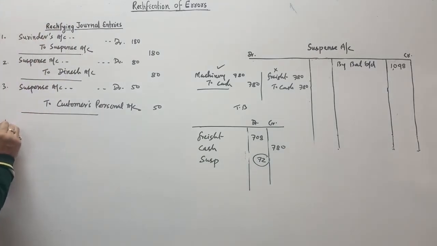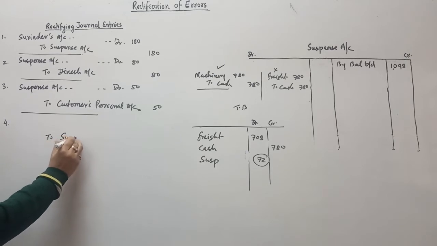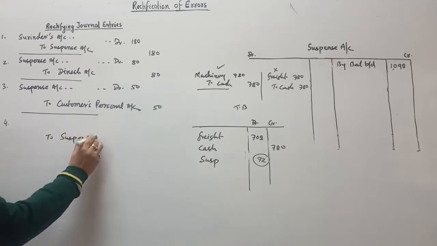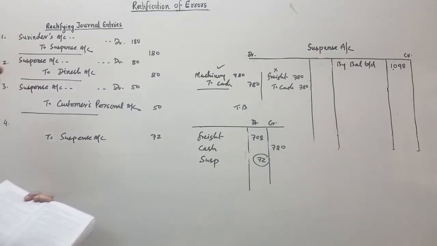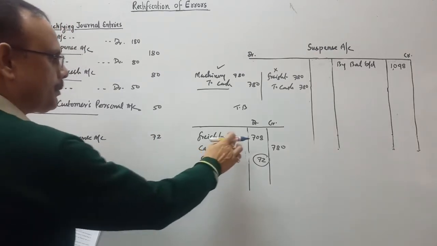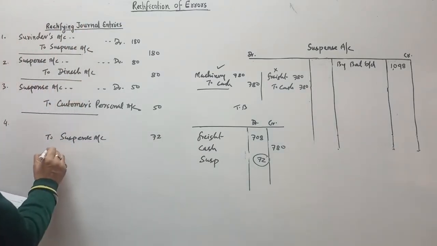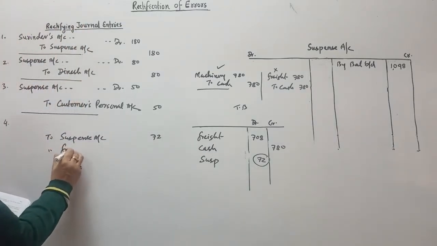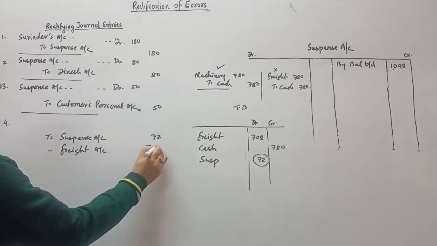Now we are going to rectify. First of all, cancel the suspense account 72, by crediting the suspense account. Now you have to cancel the freight account, which is the other mistake you have committed. For cancelling freight, you credit the freight account 708.